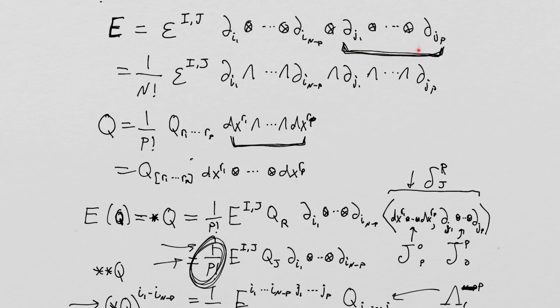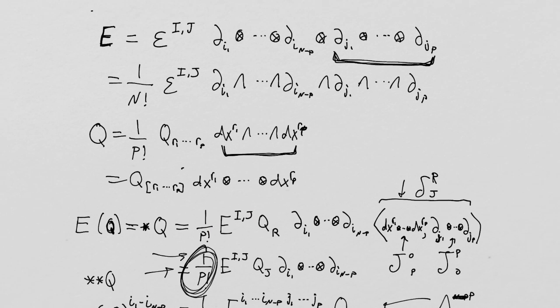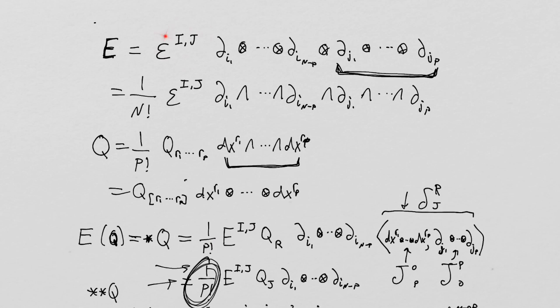Well, we're going to go to those last p slots and insert these p number of one-forms. And that's what this means. And this is literally us doing that, right? This is us taking Q, the R indexed Q. E I J represents this whole thing here.